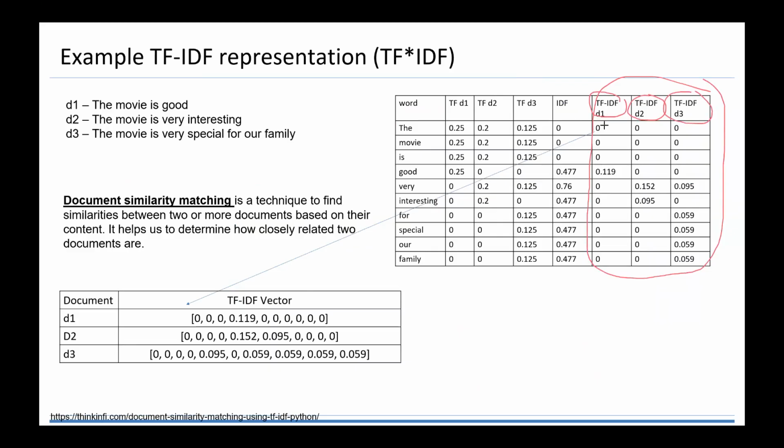Then you can put this as a vector: 0, 0, 0, 0.119, and so on, and then the vector for document 2 and the vector for document 3. So that's the way to calculate the TF-IDF.